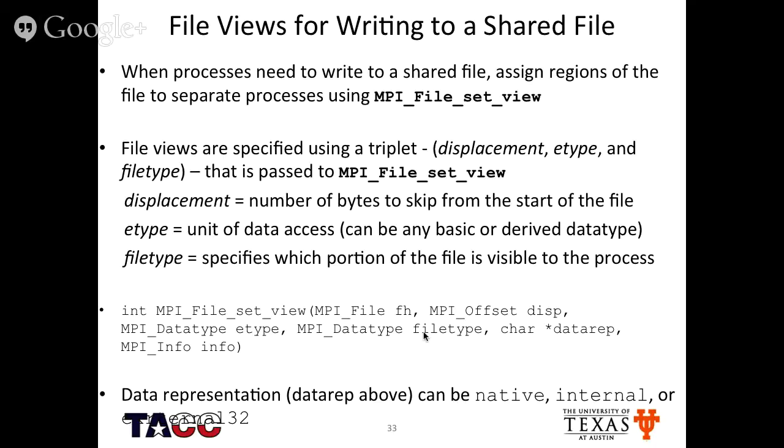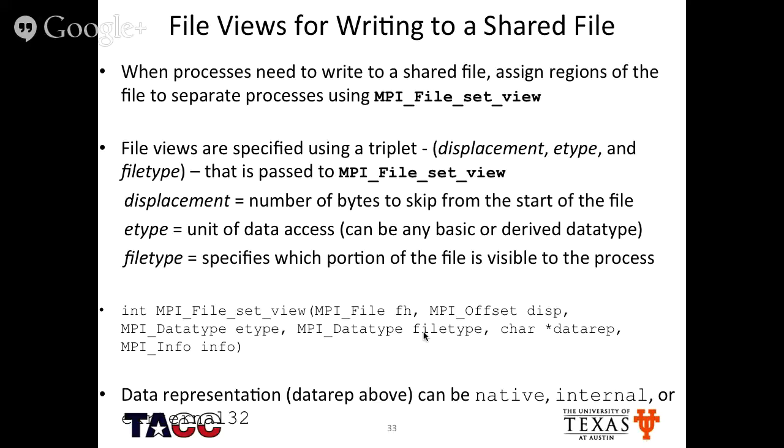Let's take 400 items to write, okay? If I have two processes, and all of them are integers, what's the data that each gets to write? Yeah, I started with 400 bytes to write, and I have two processes.